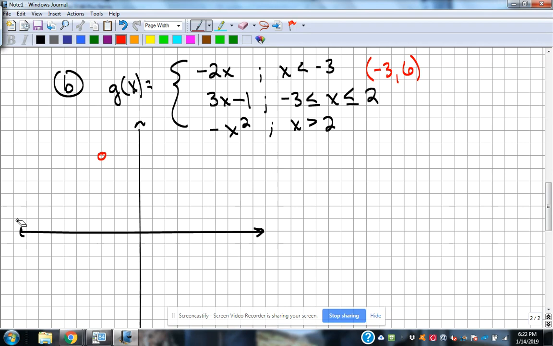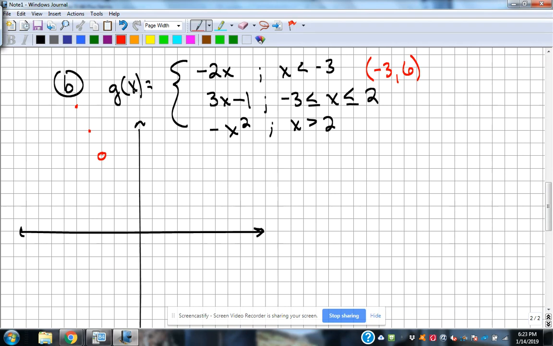Those are less than -3. So I'm going to go to the left, right? So I could pick some of those x values and plug them in. That works. So if I plugged in -4, I'd get +8. If I plugged in -5, I get +10. Or I could count the slope. Up 2, left 1. Yeah, up 2, left 1. That gets us the same thing.